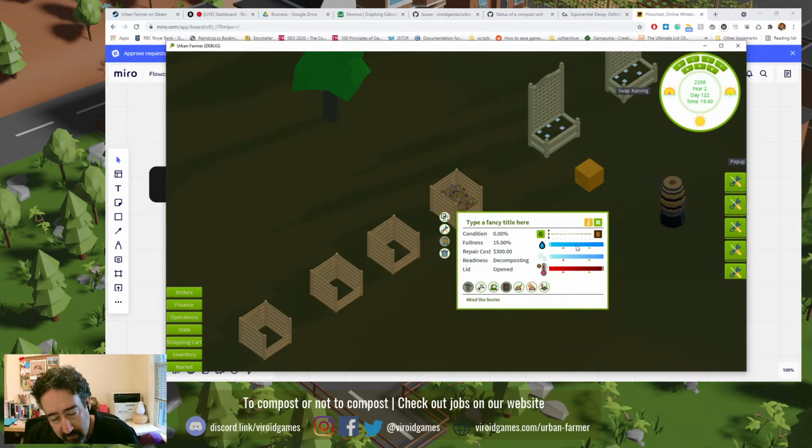You've got to keep the compost pile moist. If it's too wet, then it's not good. Too dry, it's not good either.